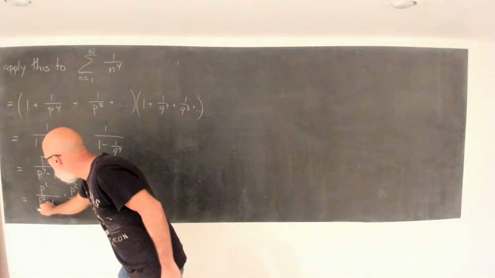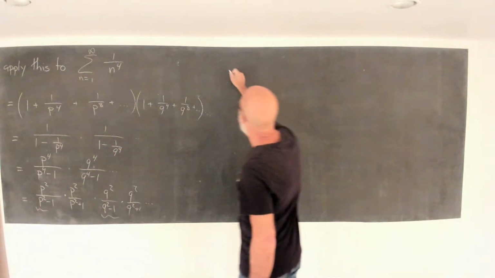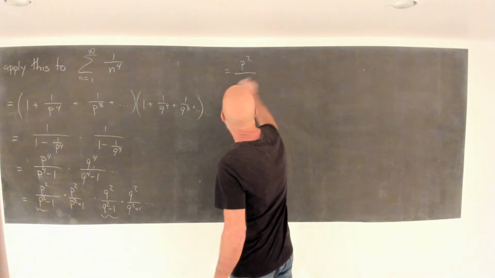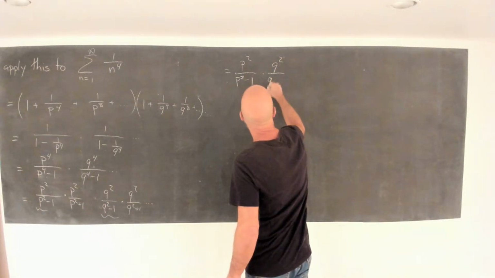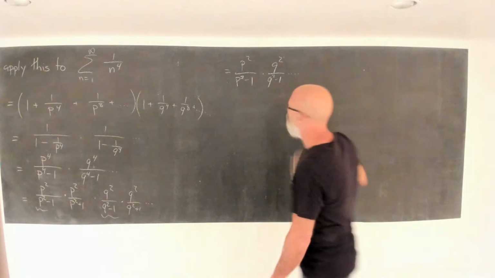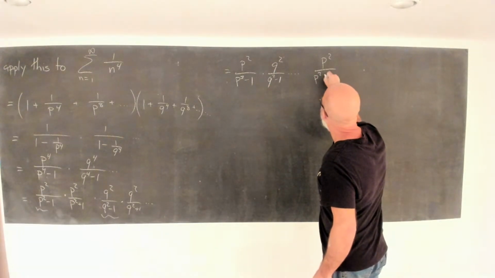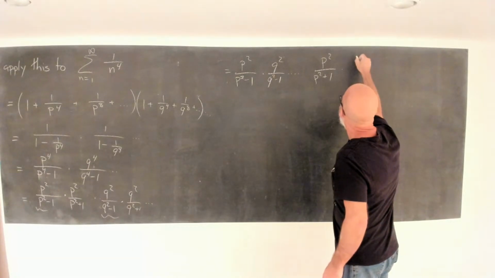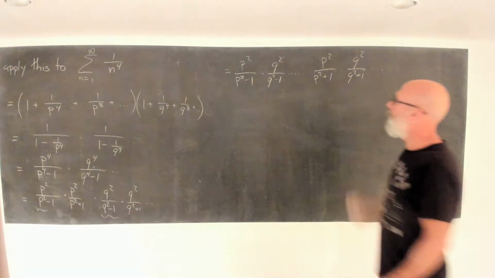If you group the stuff, let's group these together. You get p squared over p squared minus 1, q squared over q squared minus 1, and so on. And then the other ones, p squared over p squared plus 1, q squared over q squared plus 1, and so on and so on.